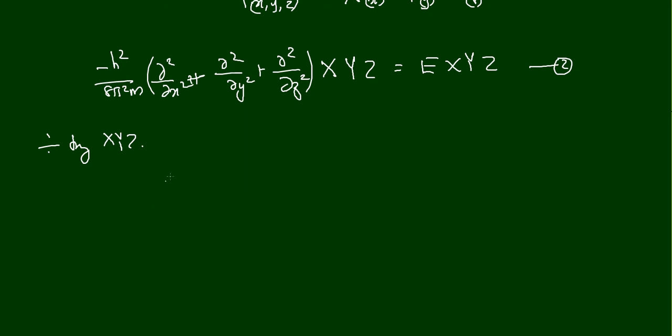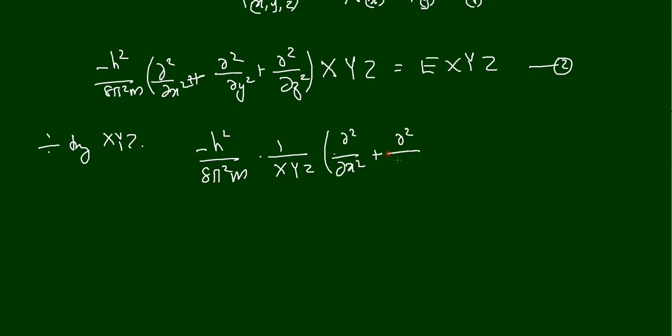Then I get minus h square divided by 8 pi square m, into 1 divided by XYZ, into dou square by dou x square plus dou square by dou y square plus dou square by dou z square, acting on XYZ, equal to E. You cannot just cancel the XYZ, because XYZ is operated on by the differential operators here, right?